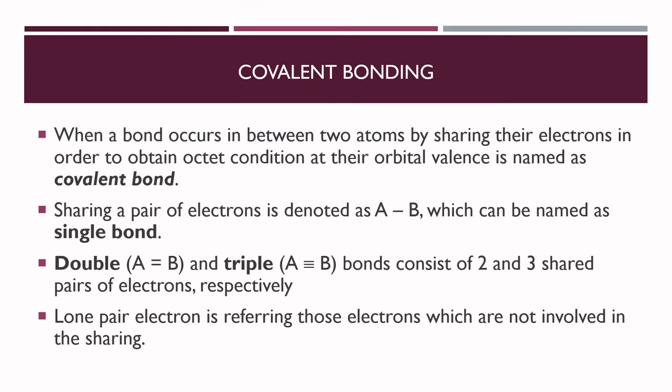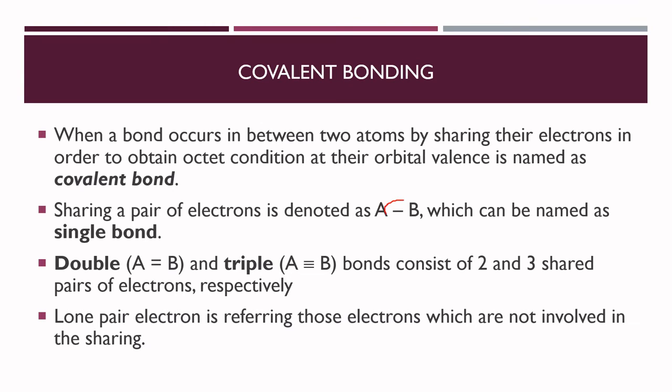Now let us discuss the covalent bond. When a bond occurs between two atoms by sharing their electrons in order to obtain the octet condition in their valence orbital, this bond is what we call a covalent bond. Sharing a pair of electrons can be denoted as A-B, which is named a single bond because there is only one bond.